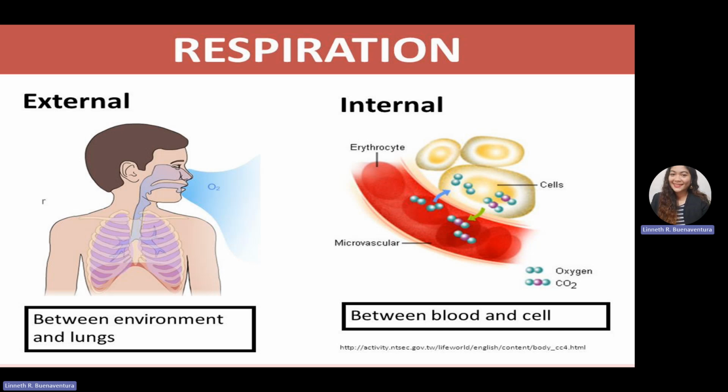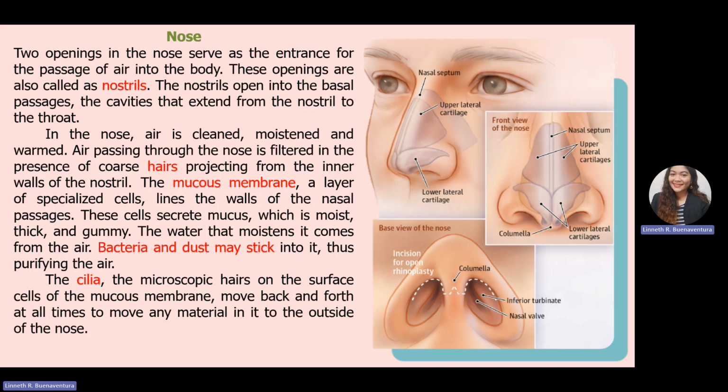Respiration has two parts, the external and internal. External is the process between the environment and the lungs, while internal is the process of exchange of oxygen and carbon dioxide between the blood and the cells. It will start in our nose.